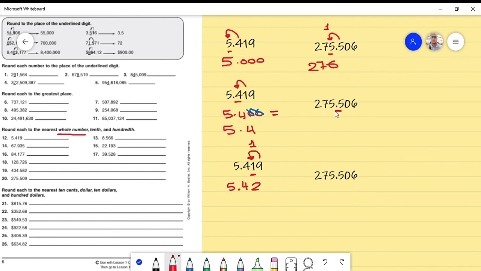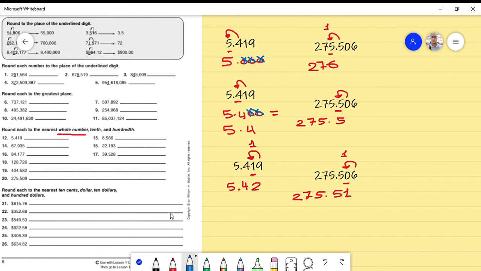The tenth here is 5. The number just to the right of 5 is 0. 0 means round down, so we keep 5 as it is. Next, nearest thousandth, the hundredths. The hundredths digit is 0. Look at the digit just to the right of 0. It is 6, and 6 means round up. So we add 1 to 0, so 0 will be 1, and keep the other numbers as they are. As I said before, we can keep it, or we can replace it.